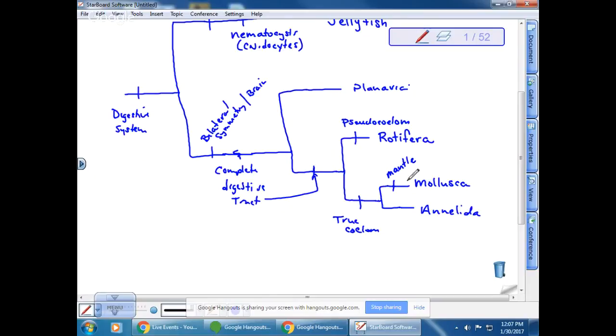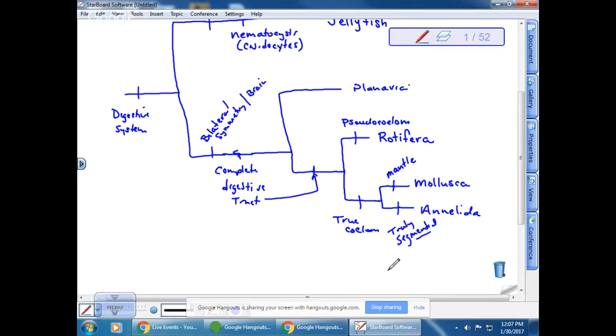And then the annelids, we could say they are truly segmented. So they're segmented internally as well as externally. And this is just to distinguish them from tapeworms. Tapeworms, their bodies, those segments called proglottids, are just little clones of each other. So that's actually an example of asexual reproduction.